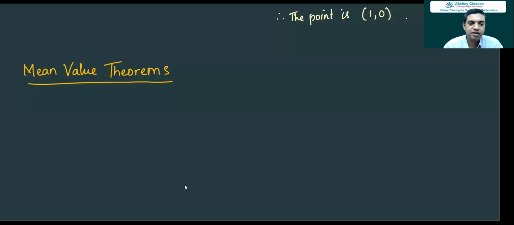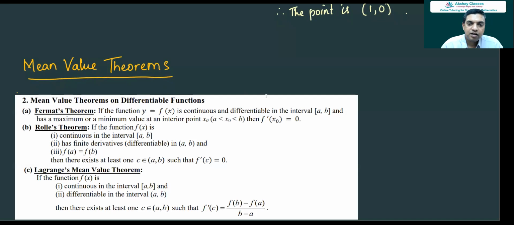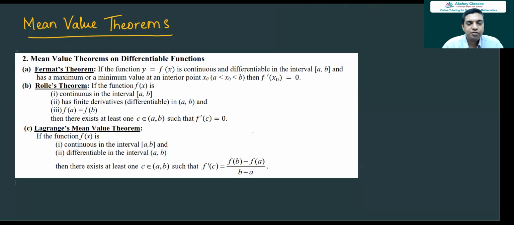First, these three that we'll discuss. The mean value theorem. So first, Fermat's theorem is not generally called the mean value theorem, but we can classify it.